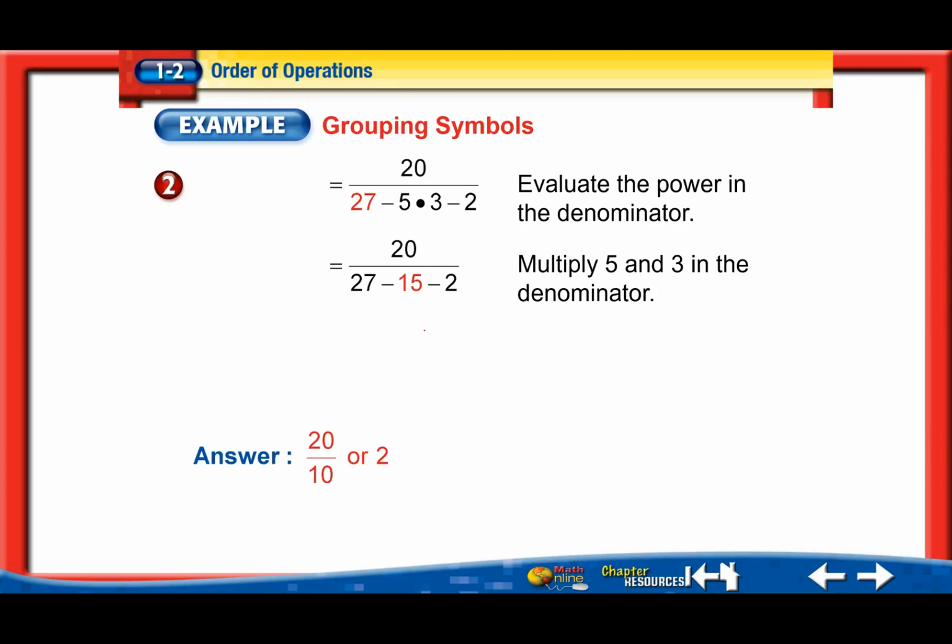I don't know why they skipped that step. So from there we'd get 27 minus 15 is going to be 12 minus 2. And then we'd have 20 over 10. So that's how we got to that. They skipped a couple steps there. And when you divide those together, you get 2.